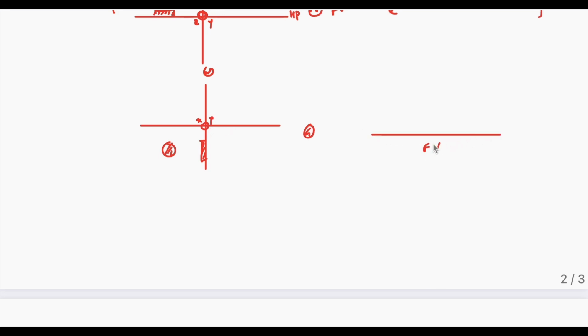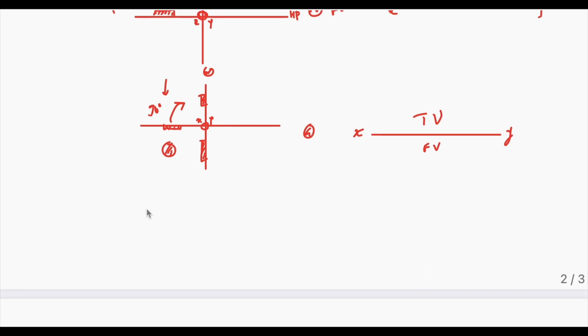So the front view will appear below the XY line. When you look at the object to draw its top view, it will appear on the horizontal plane, appearing between observer and object. It is on the horizontal plane, so it is to be rotated in clockwise direction by 90 degrees. So the view will be shifted above the XY line. So in case of the third angle projection method, the front view falls below the XY line, whereas the top view falls above the XY line.